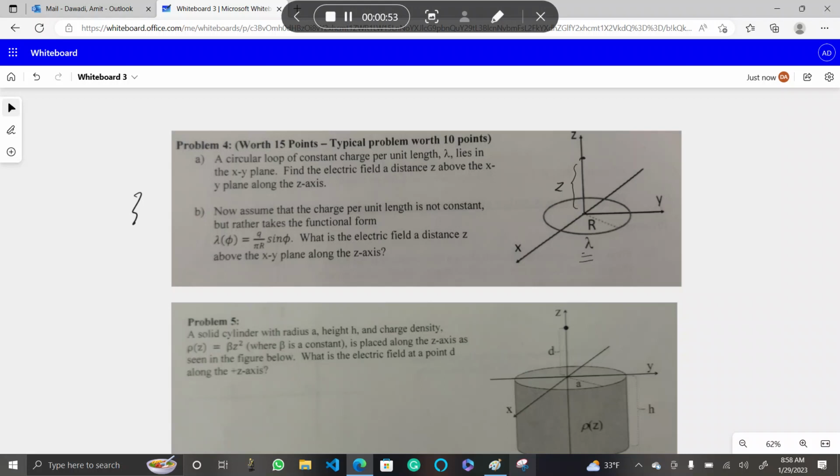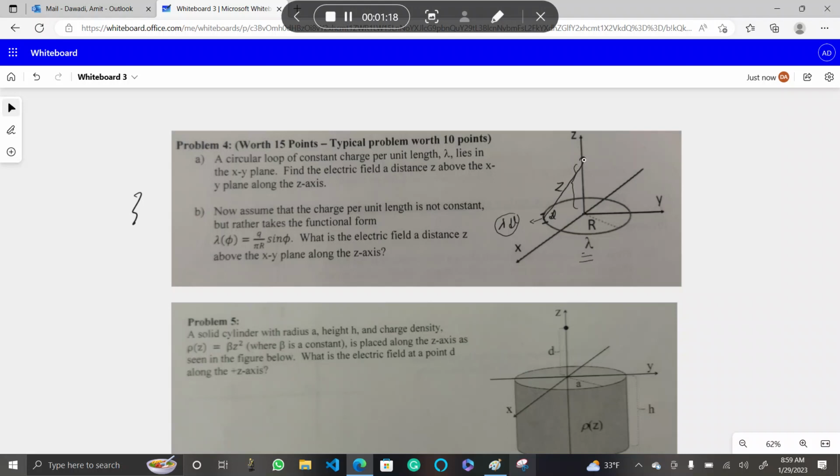We can use the concept of symmetry. If I look only at the electric field because of this small portion, with length dl, then the charge present in this small length is lambda dl, and this charge gives the electric field at that point.